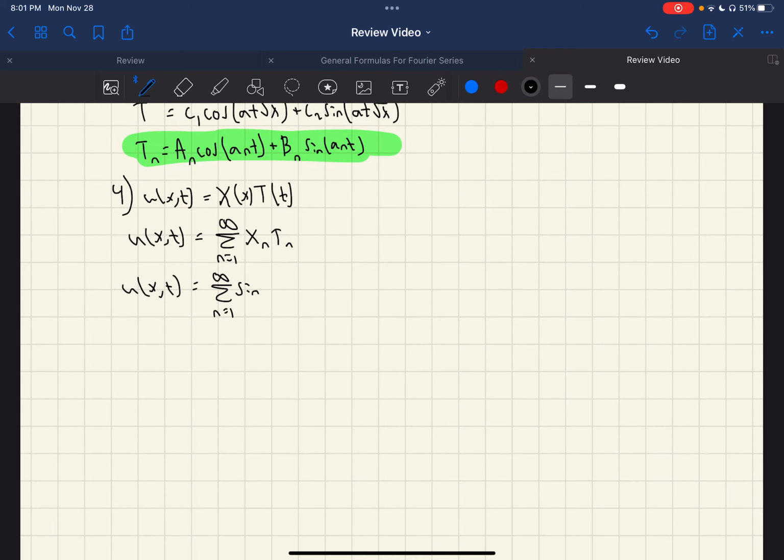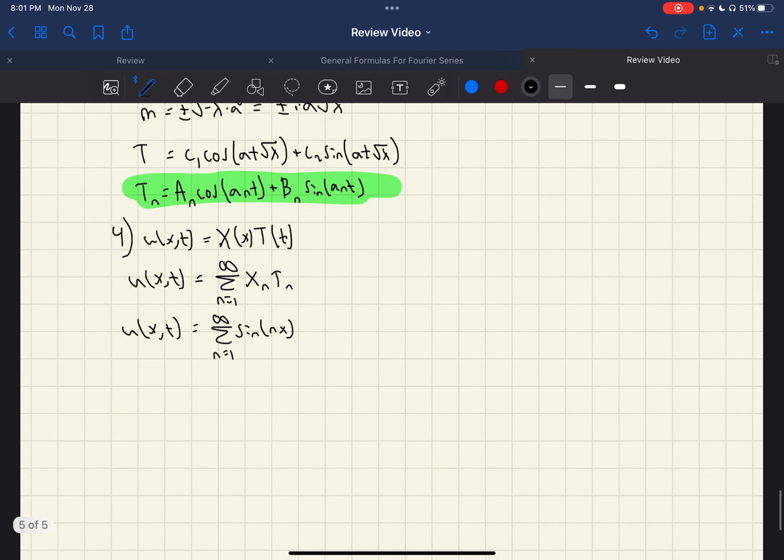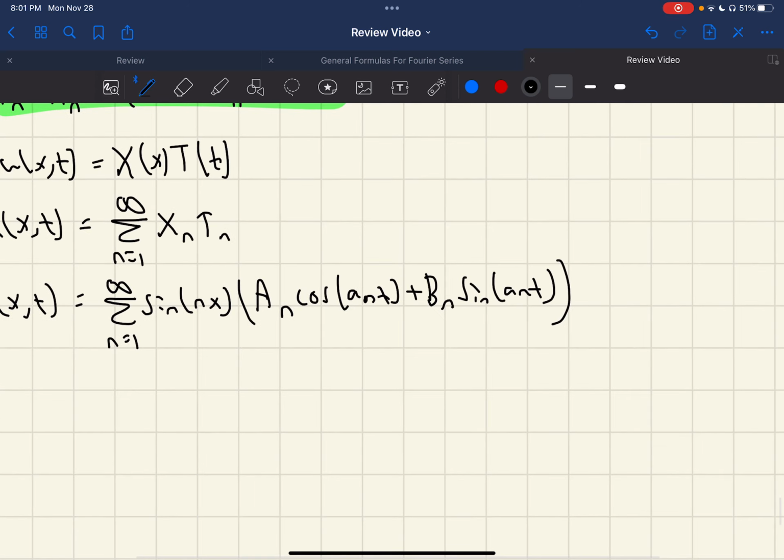And luckily our x function is very nice, and our t function is not so nice. So now I have this, but we have two unknowns.